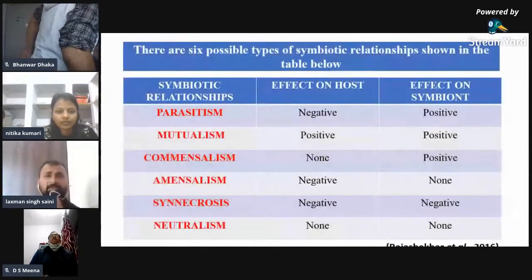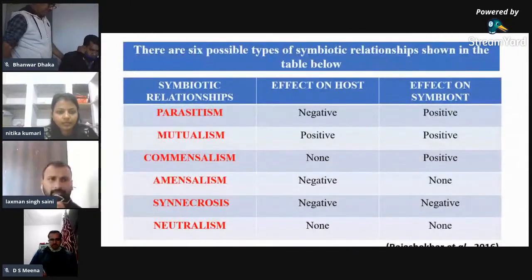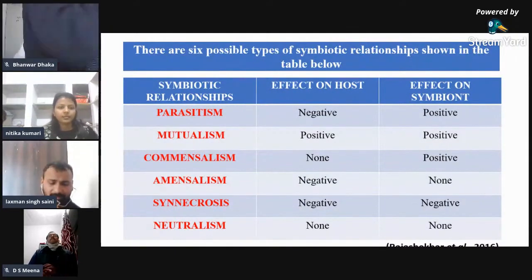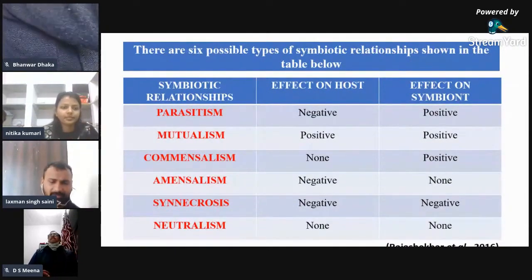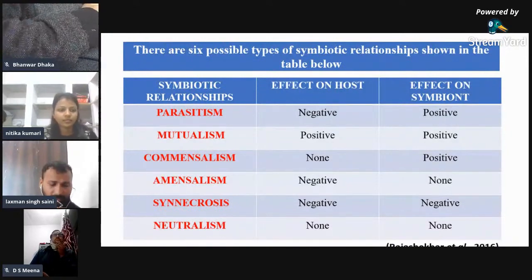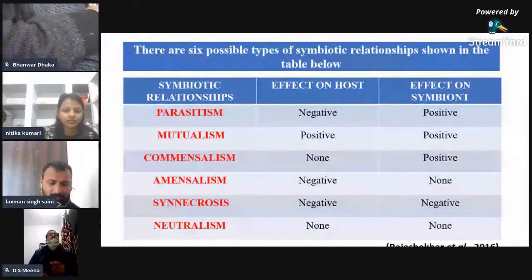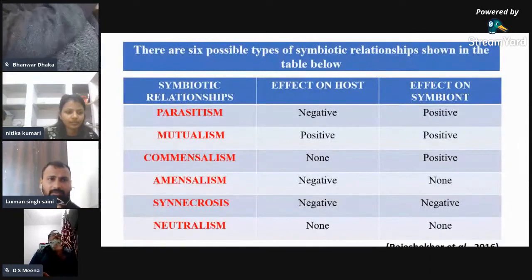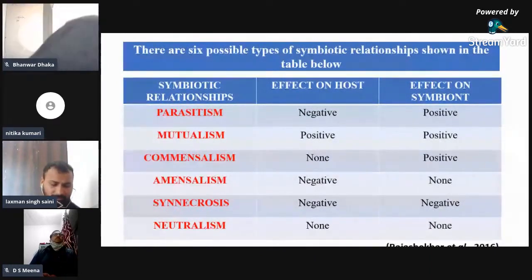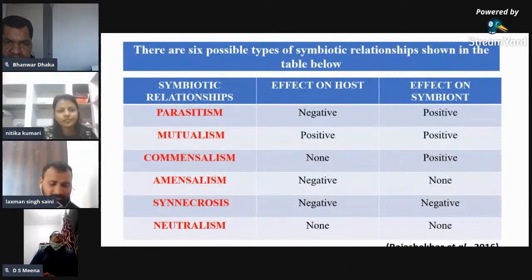There are six possible types of symbiotic relationship. First is parasitism: the symbiotic species benefits while the host species is harmed. Second is mutualism: both interacting species benefit. Third is commensalism: the symbiotic species benefits while the host species is unaffected.